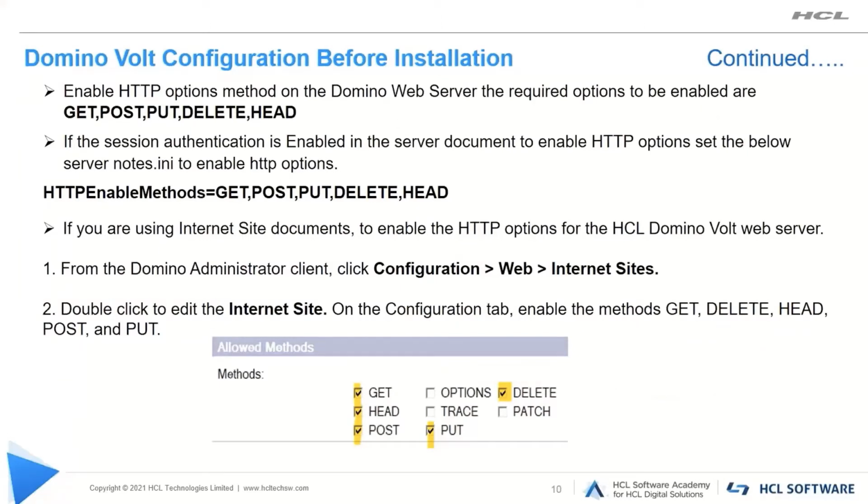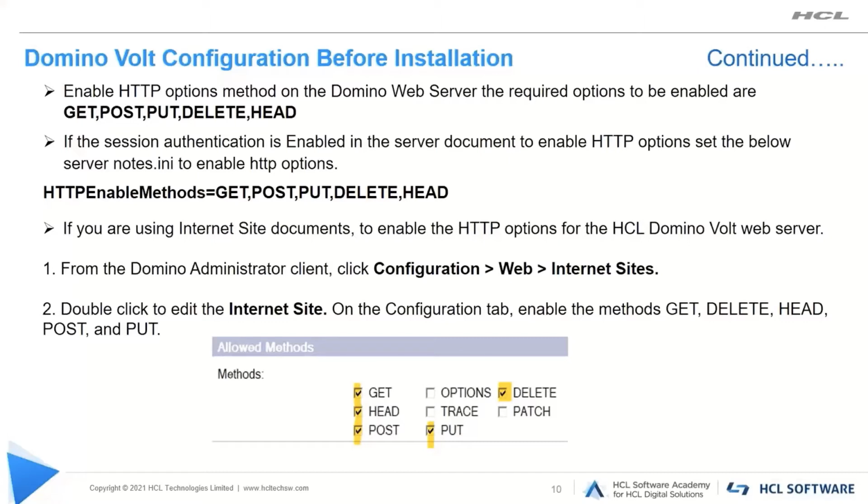The second requirement is to enable HTTP options on the Domino web server. The required options to be enabled are get, post, put, delete, head. If you are not using an Internet Site document for your web server, then enable HTTP options using the server notes.ini HTTP enabled methods setting as shown in this slide.